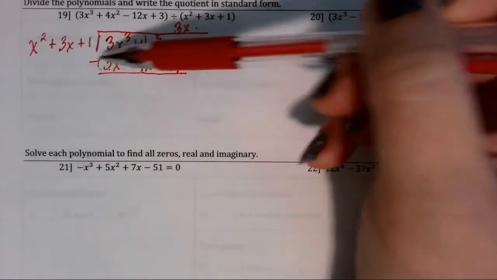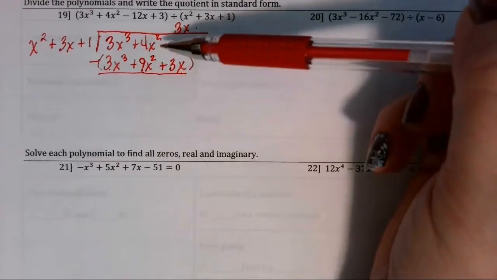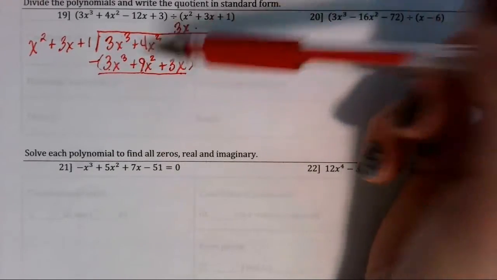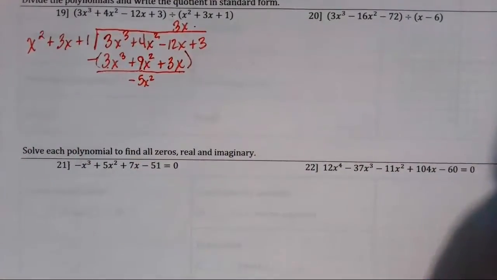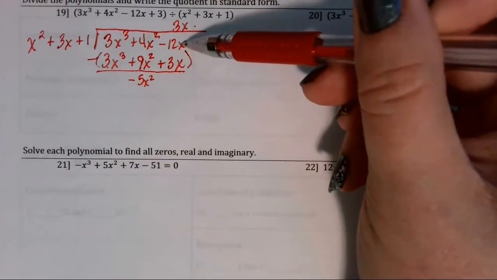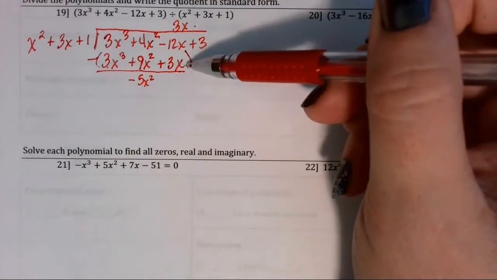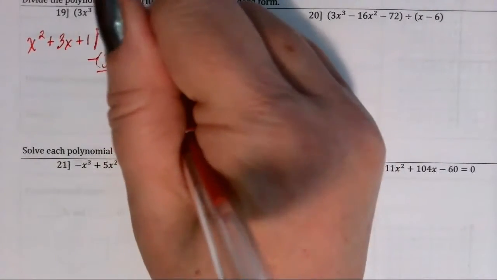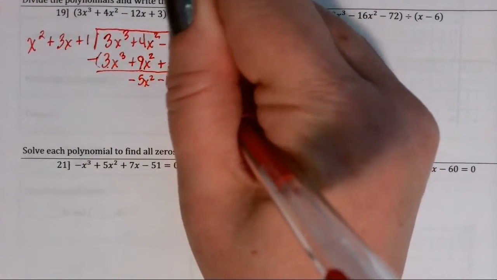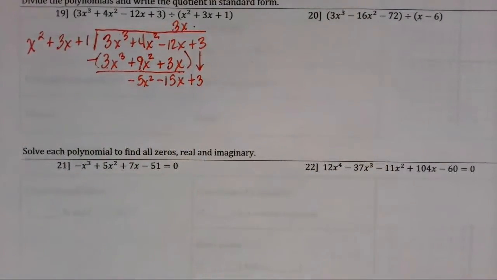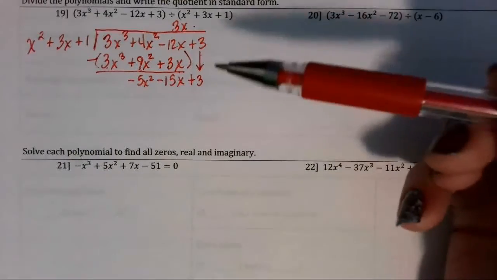So 3x cubed minus 3x cubed is 0. 4x squared minus 9x squared is a negative 5x squared. And then negative 12x minus 3x is a negative 15x. And then we bring down the next term, which is the constant 3, and repeat that algorithm.